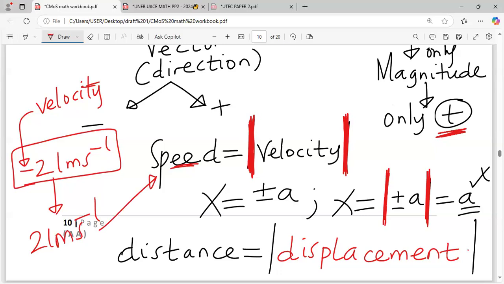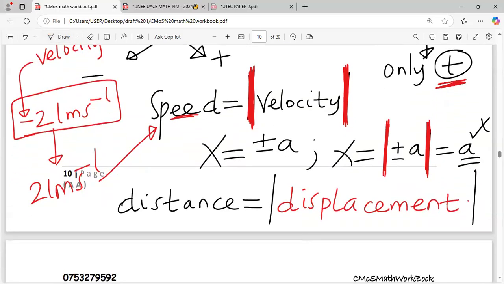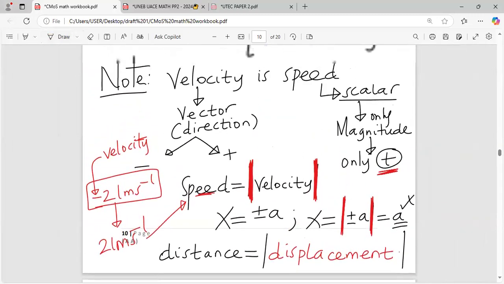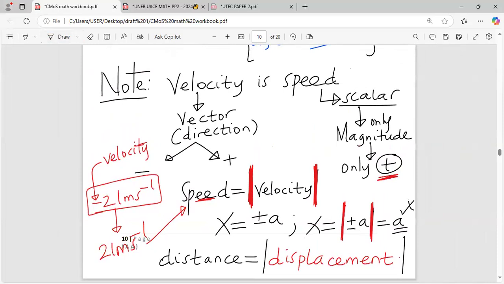If you get a displacement of -5, the distance is 5. I don't know whether you're getting that simple concept. Because you'll find a question which is not directly connected to speed, like the one we are doing. The question I've displayed does not connect to speed, but it connects to velocity. So after getting your velocity, speed is actually the magnitude of velocity.